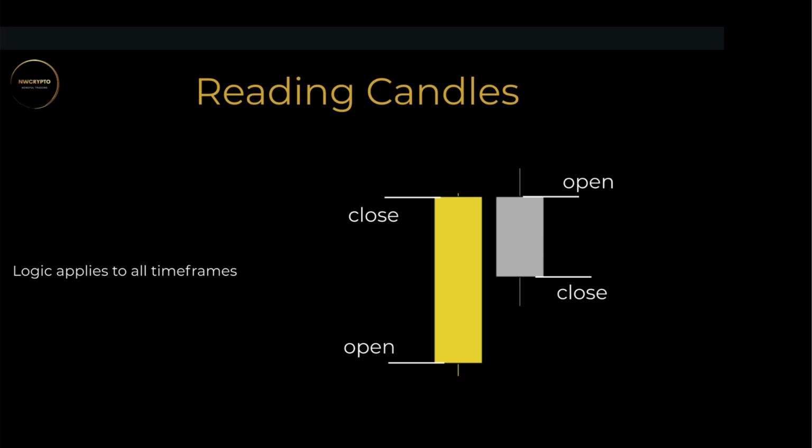Just imagine this would be on the 1 hour time frame. Then this means within this hour, we had an hourly open of the candle at the price here, and we had an hourly close of the candle at the price here. On the contrary, the next candle is a bearish candle. So we open exactly where the previous candle closes, which totally makes sense.